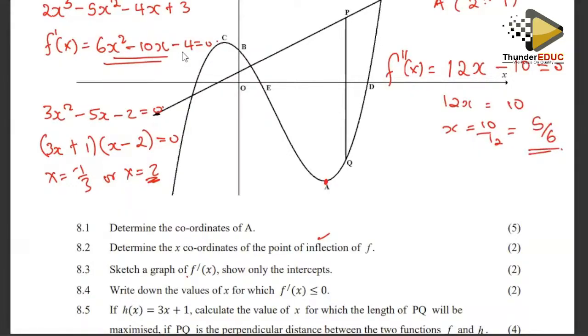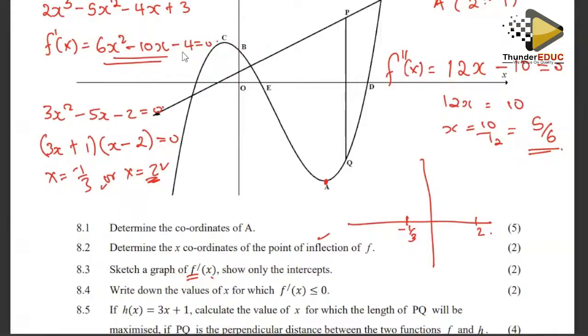Then they want us to sketch the graph of the first derivative, which is a parabola. And now with this parabola, let me just sketch it here. So the roots are 2 and negative a third. So negative a third, and then 2 can be somewhere there.